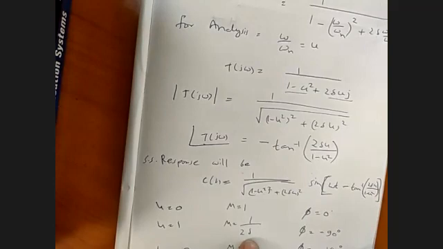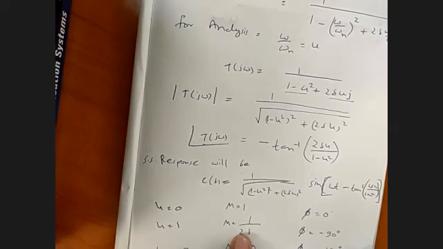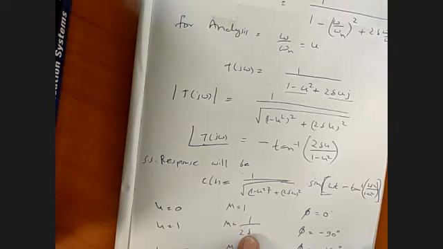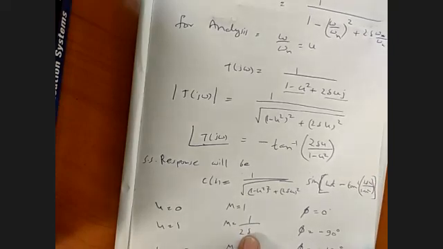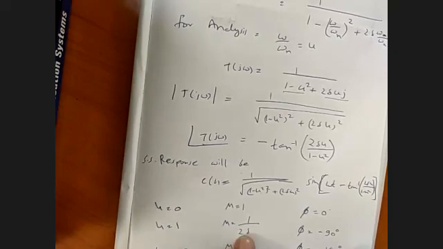If delta is 0.5, this will become 1. If delta is less than 0.5, this term will become higher.